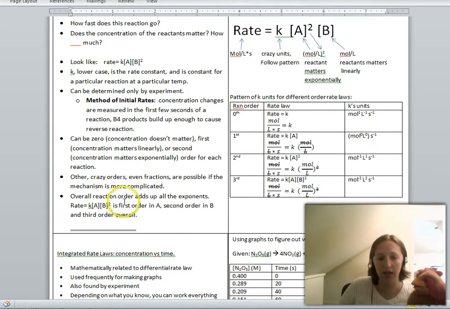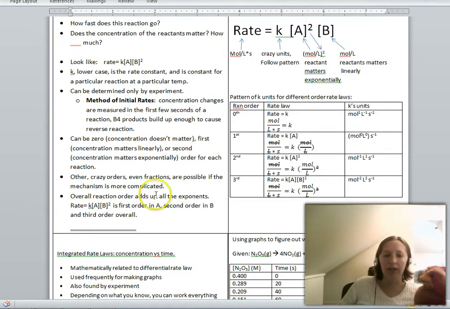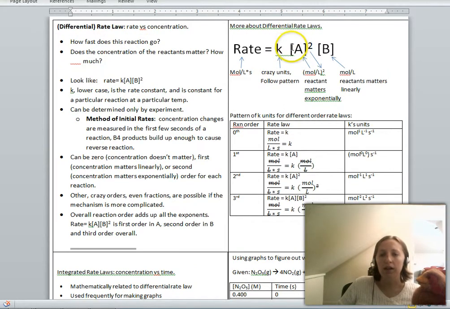And then another question that they'll ask is, what is the overall reaction order? So here's an example of a rate law, a differential rate law. The order for A is 2. The order for B is 1.